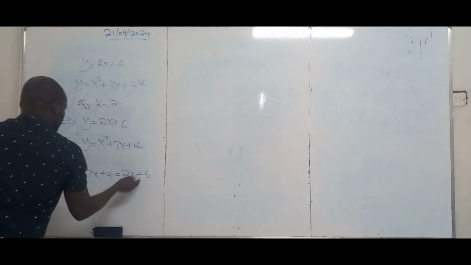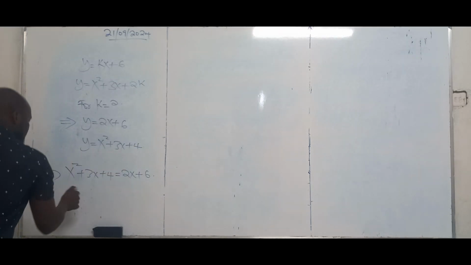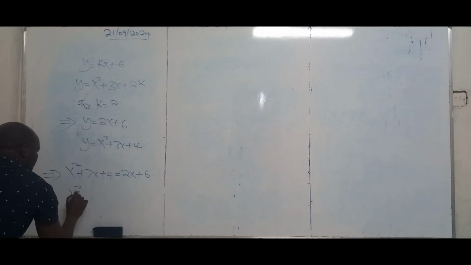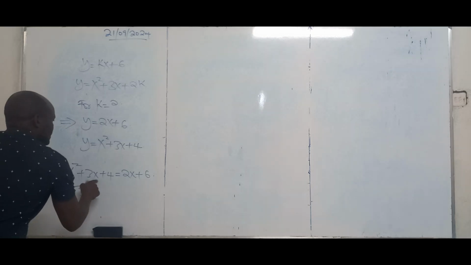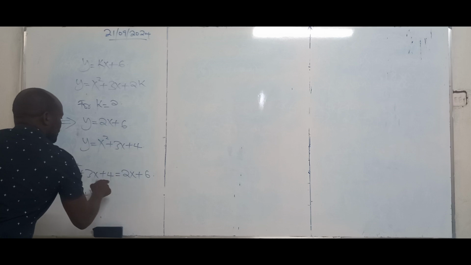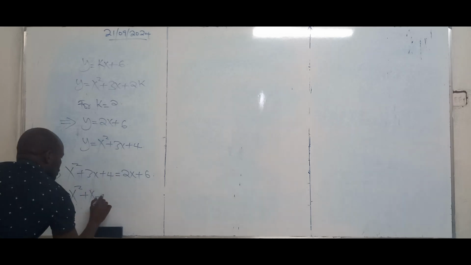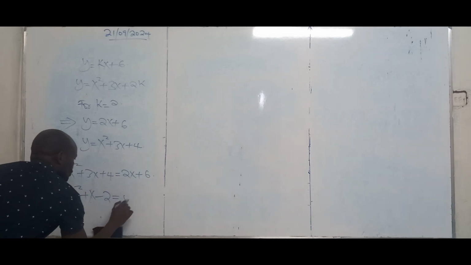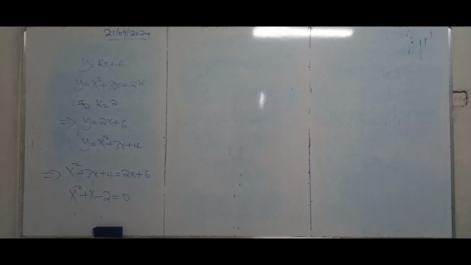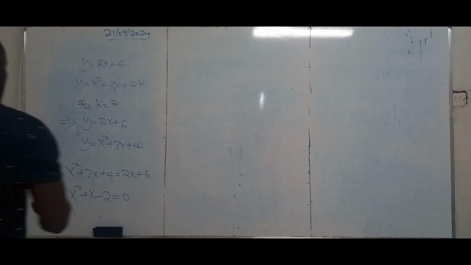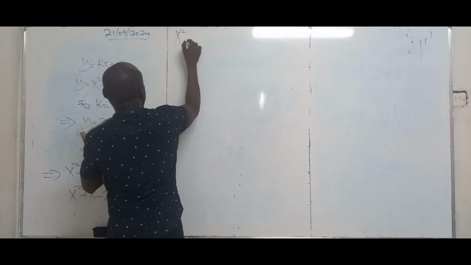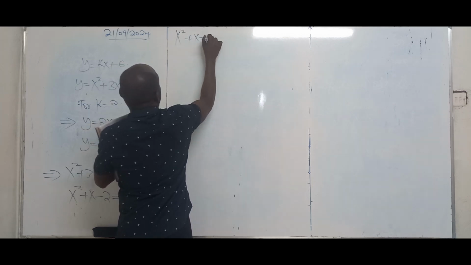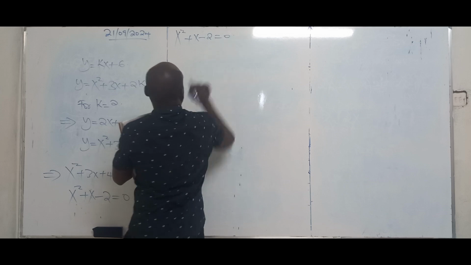I'll bring the 2x this end, it will be a minus, so I have x squared plus x. This 6 will come here, it's a minus, so it's minus 2 is equal to 0. So I have this equation: x squared plus x minus 2 is equal to 0.